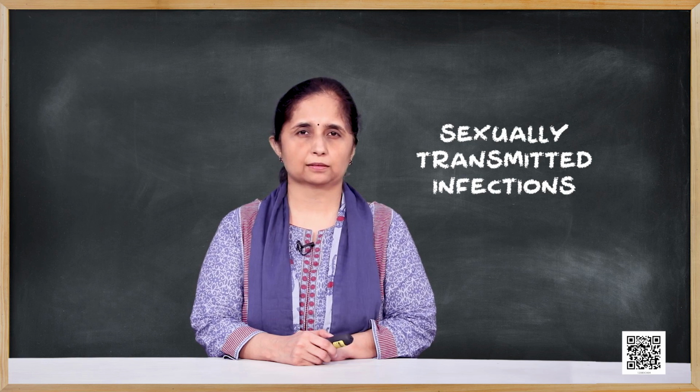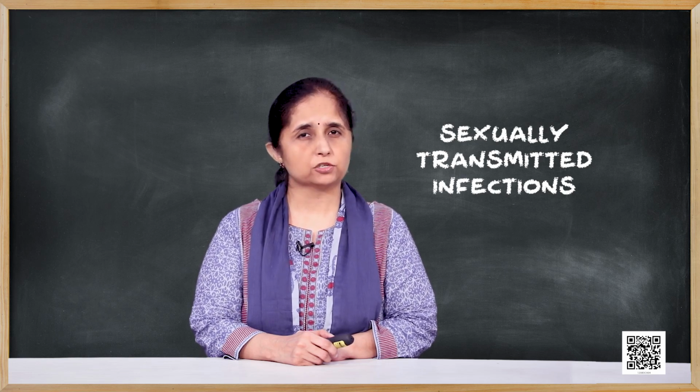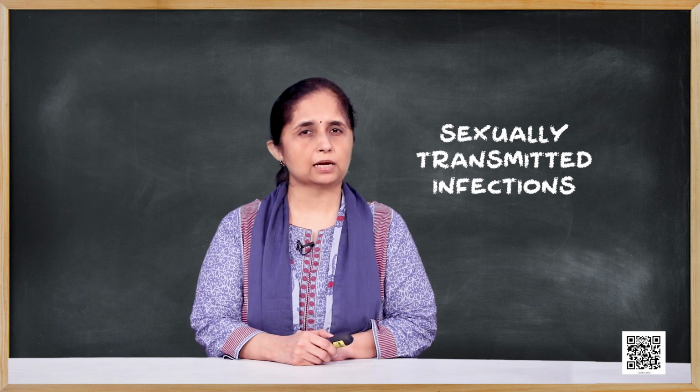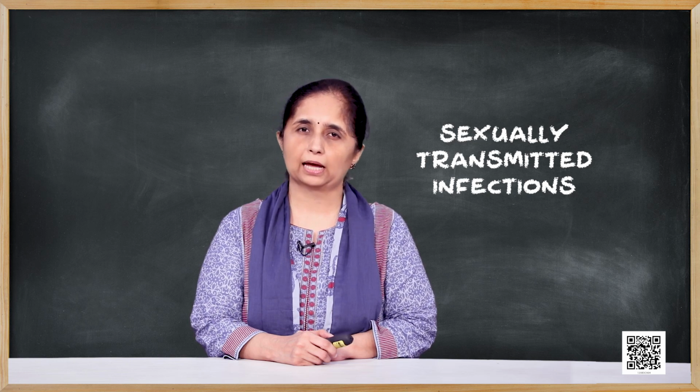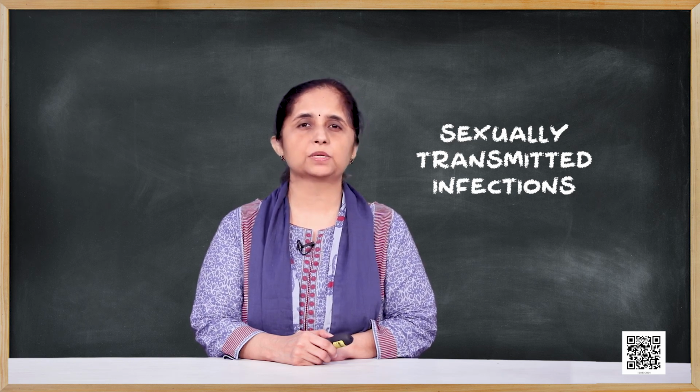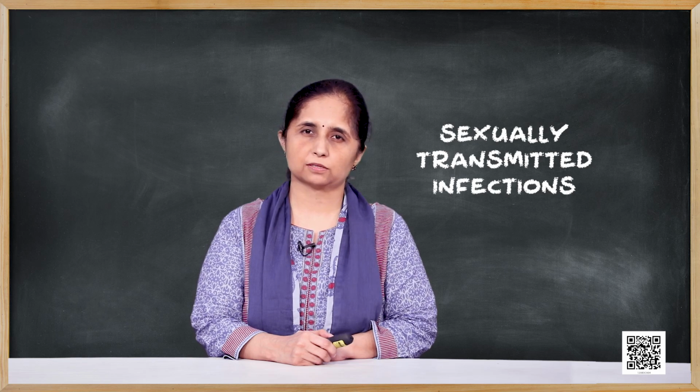The next aspect of reproductive health that we need to address is infections or diseases which are transmitted sexually and are collectively called sexually transmitted infections or venereal diseases or reproductive tract infections.